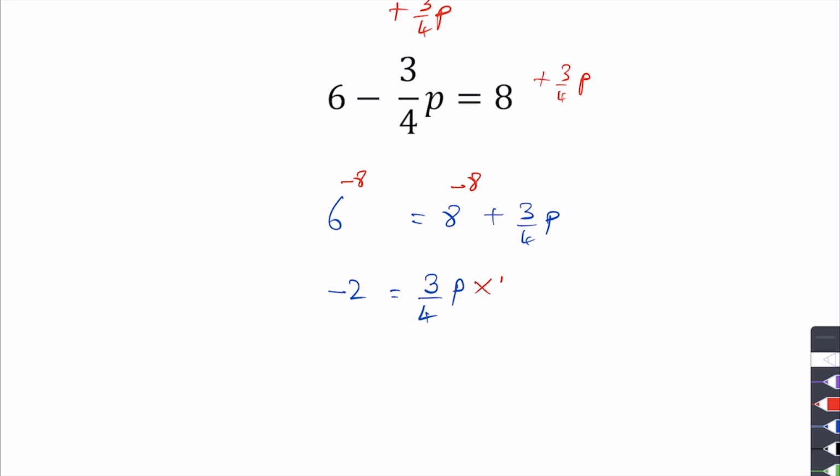So I'm going to multiply by 4 there, and multiply the left side by 4 as well. 4 times minus 2 is minus 8. Those 4's just cancel. I'm left with 3p. And now I simply divide both sides by 3 to leave me with p is equal to minus 8 over 3.